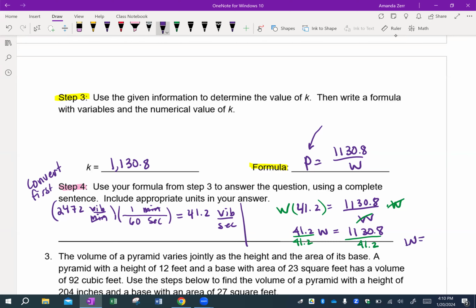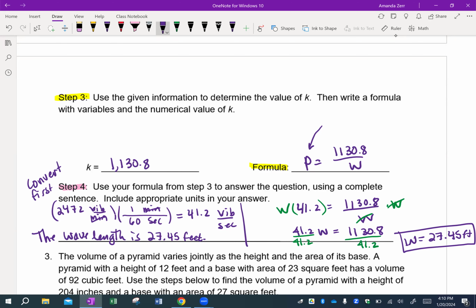Is equal to 27.45. And that is in feet. Good.